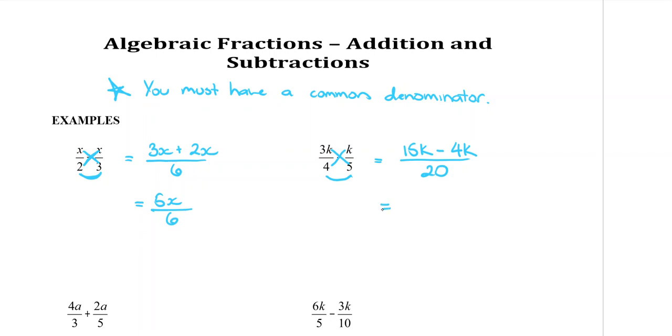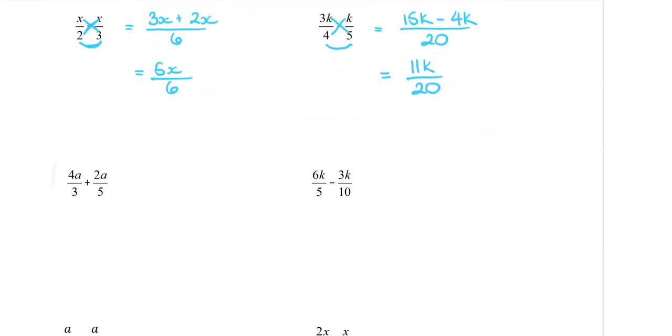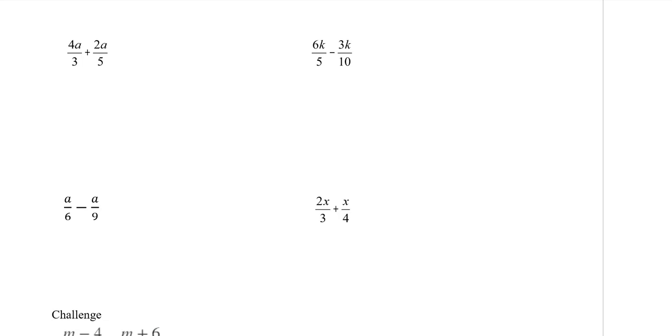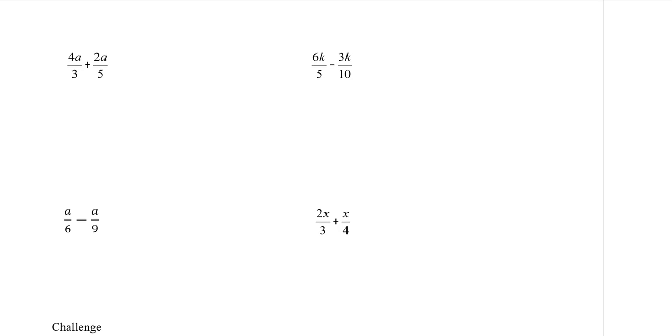All right, then just collecting up your top. 15k minus 4k is 11k over 20. Okay, let's keep going. Let's do a couple more. Next one, we multiply. 3 times 5 is 15, so big fraction with a 15 on the bottom.